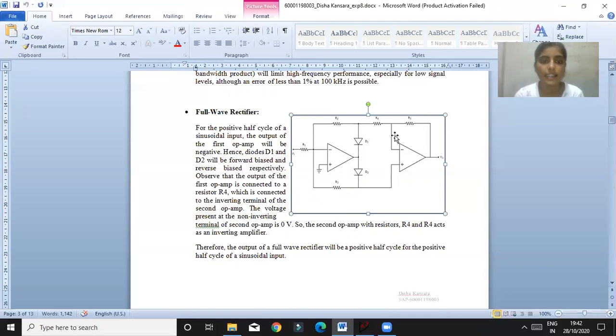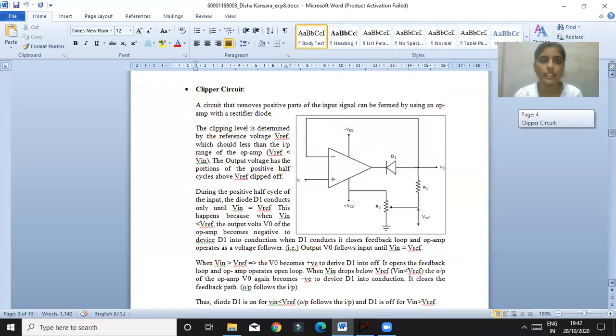The voltage present at the non-inverting terminal of the second op-amp is 0 volts, and so the second op-amp with resistors R4 and R5 acts as an inverting amplifier. Therefore, the output of the full wave rectifier will be the positive half cycle for the positive half cycle of the sinusoidal input.